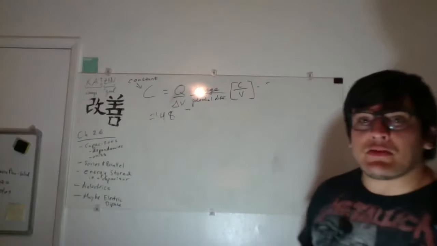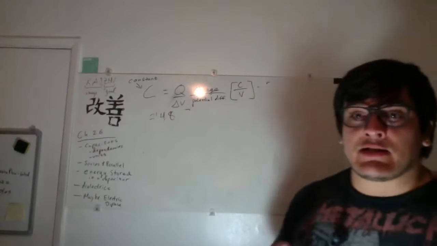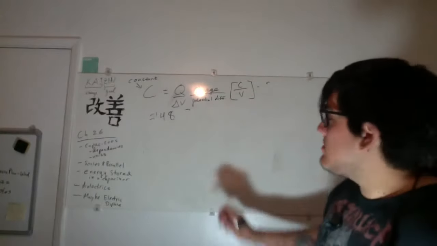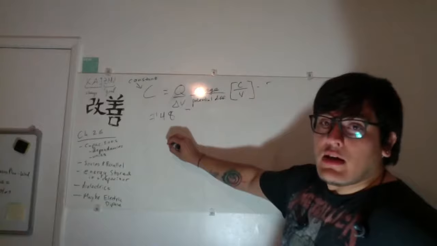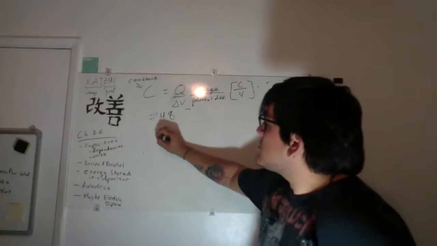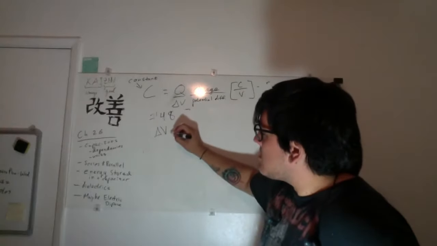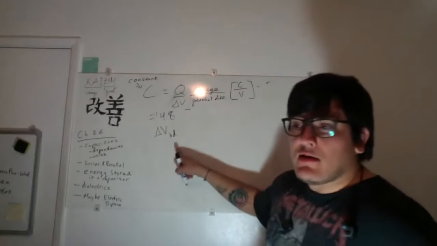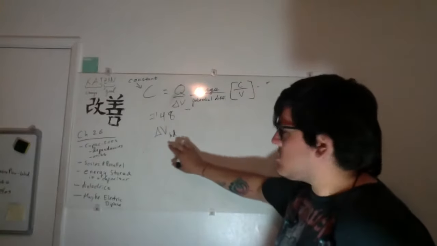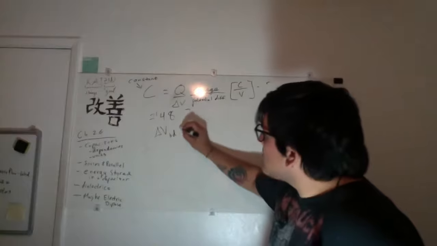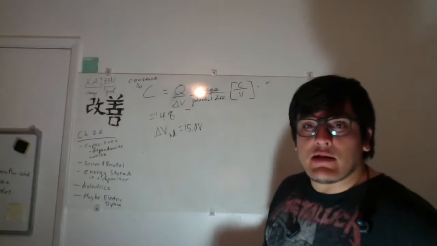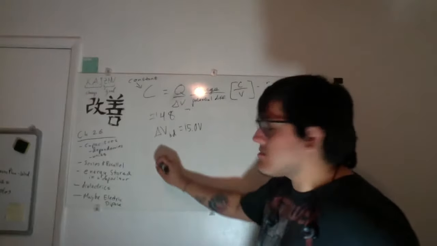Okay, so it says each capacitor in the combination shown in the figure that I'm going to draw has a breakdown voltage of 15 volts. So you can say breakdown voltage, or you can do delta V as well, that's fine. And it says, here is the circuit.